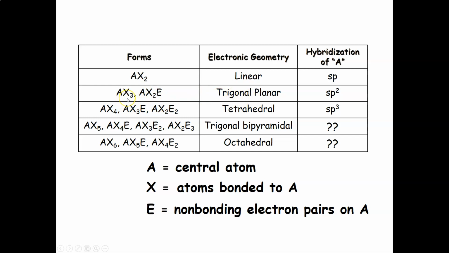You may have 3 bonded atoms, or you may have 2 bonded atoms and a lone pair, but you still have 3 items attached to the A, right? So that helps you realize that even if you have different combos of elements versus lone pairs, you can still get the same shapes and the same hybridizations.